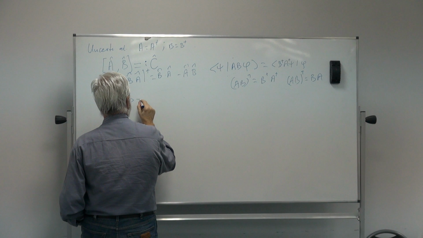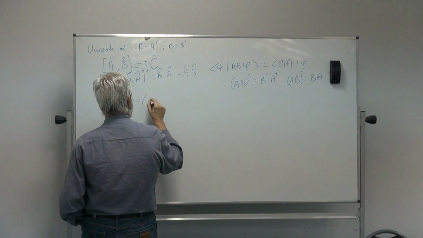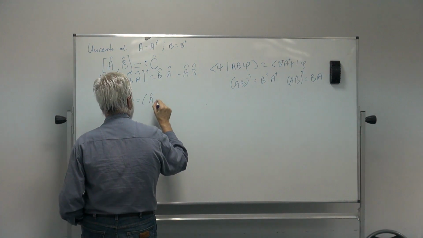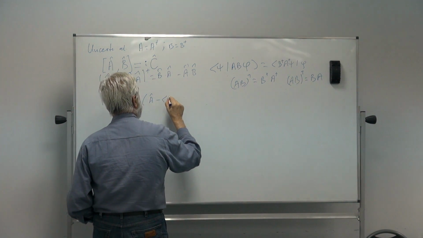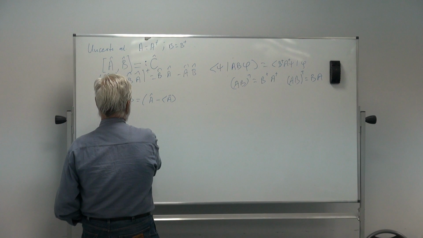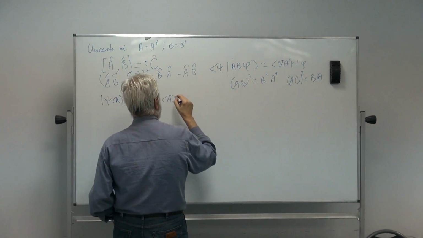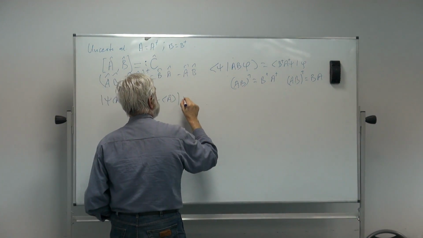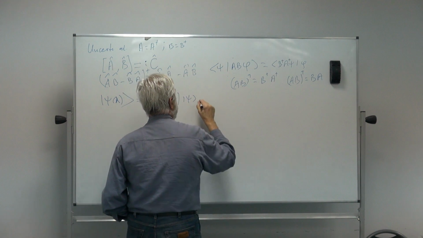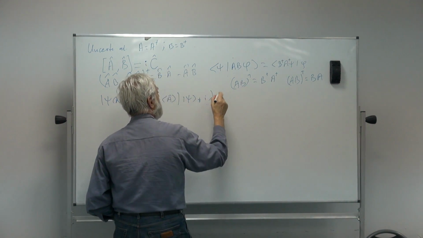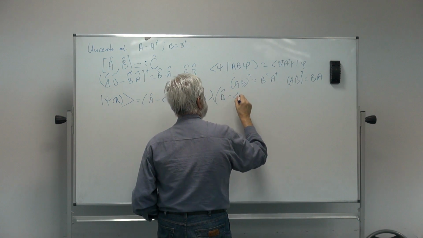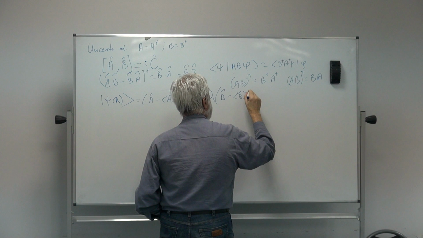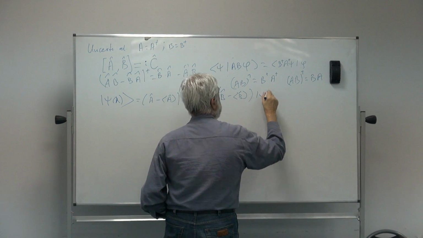Let's take the operator A minus the mean value of A acting on some psi, plus i lambda times B minus mean B acting on the same psi.